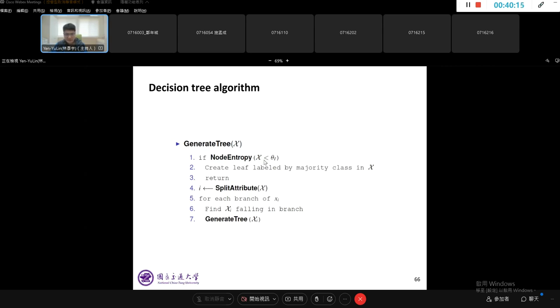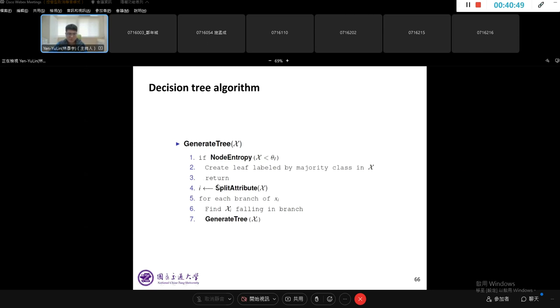We estimate the degree of impurity in terms of entropy. If the entropy of this data set is less than some particular threshold, we consider the data pure enough, they are predictable. In this case, we can create a leaf node with its label as the majority class in this data set.